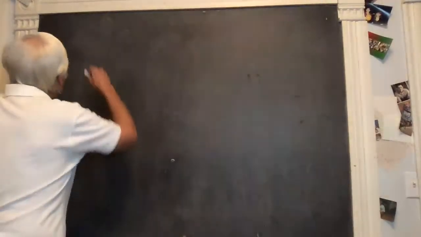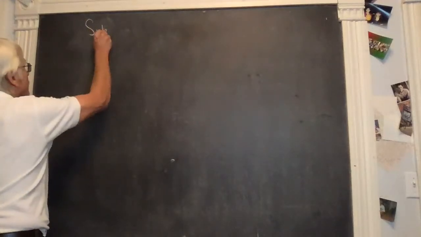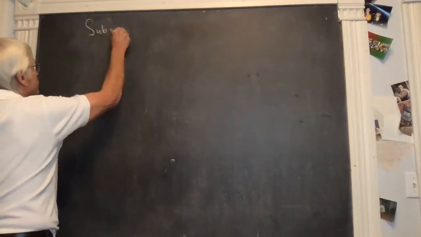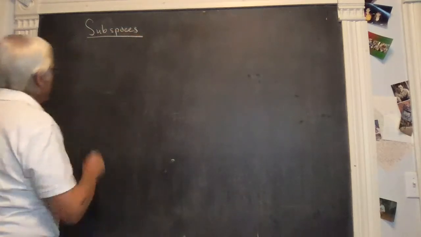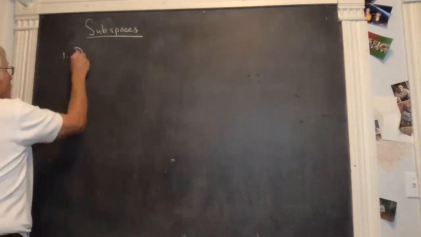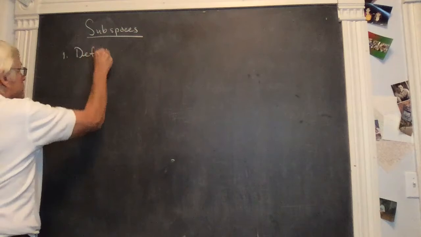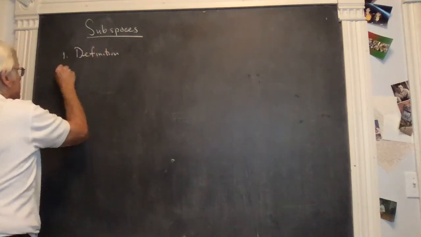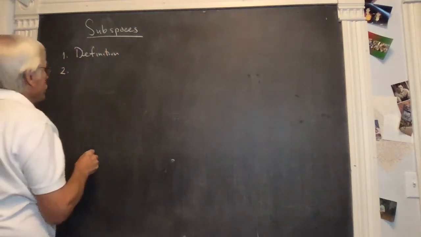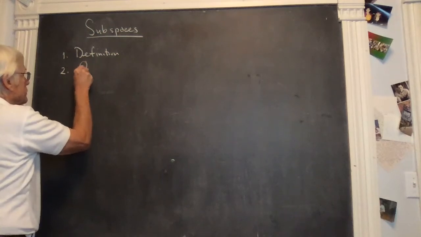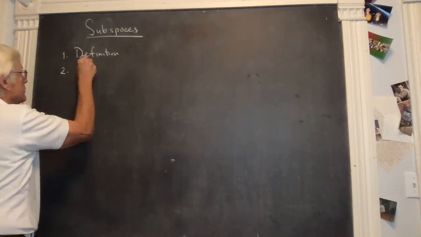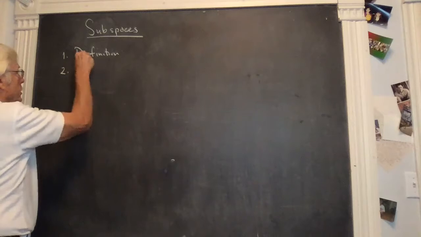I'd like to take a look a little bit more at what we're going to be interested in with subspaces. The things that I'd like you to know: one is the definition. Two is the idea. This is supposed to be an old-fashioned light bulb.